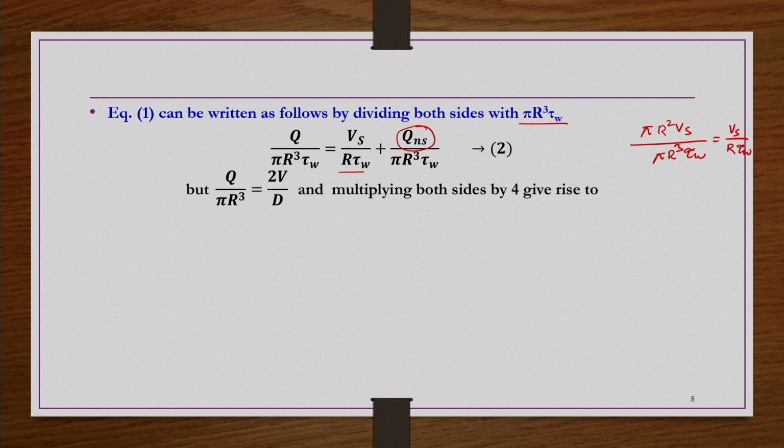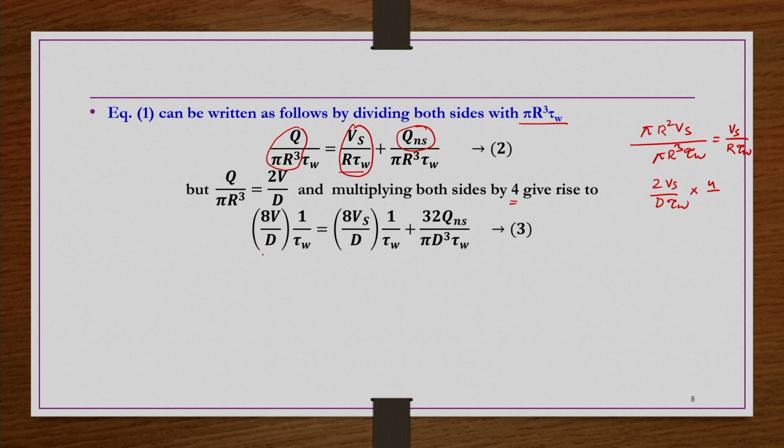right. Now, q by pi r cube is nothing but 2V by d. So, in place of q by pi r cube we will write 2V by d, and then we multiply both sides by 4. The first term in the RHS is Vs by r tau w. In terms of d we can have 2 Vs by d tau w, and multiplying by 4 on both sides, you will have the first term in the right hand side as 8 Vs by d tau w.